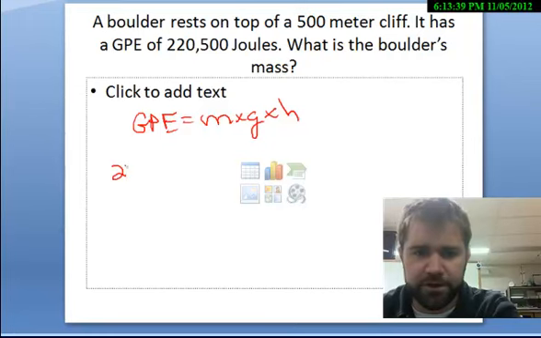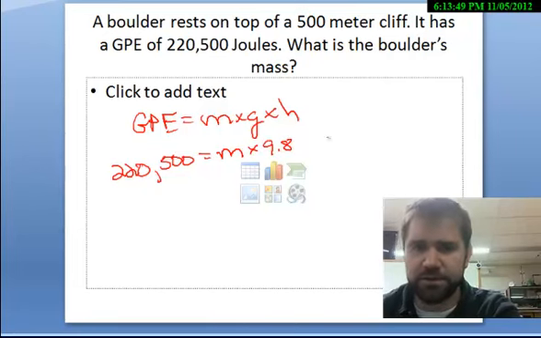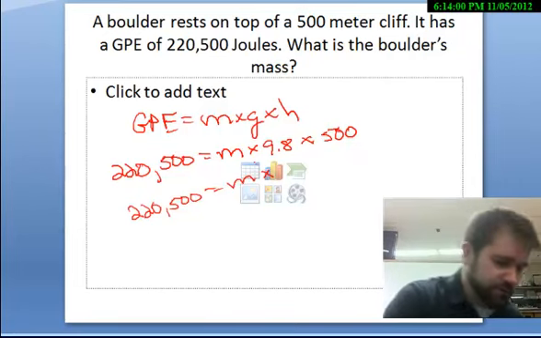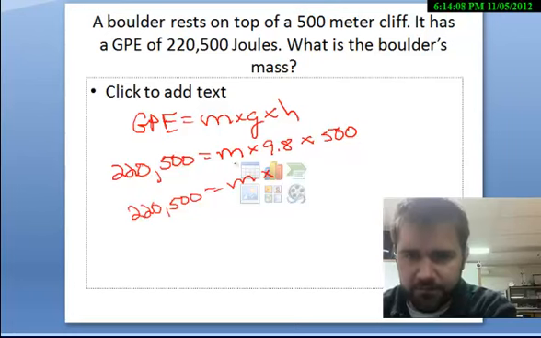I know that gravitational potential energy is equal to 220,500 joules, and that has to equal the mass, which they ask for and we don't know, times the gravity, which is 9.8 meters per second squared, times a height of 500 meters. So 220,500 is equal to mass times 9.8 times 500 equals 4,900.